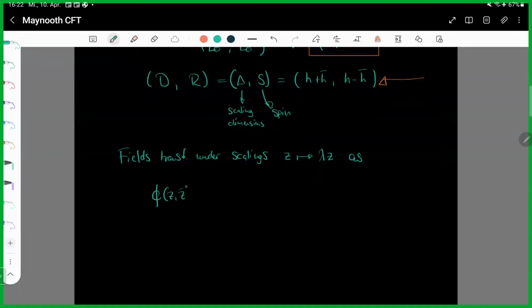So z and z bar. Because we're always talking about scalings, I want the field to scale in a particular way, with its quantum numbers. So there's also z bar goes to lambda bar z bar.